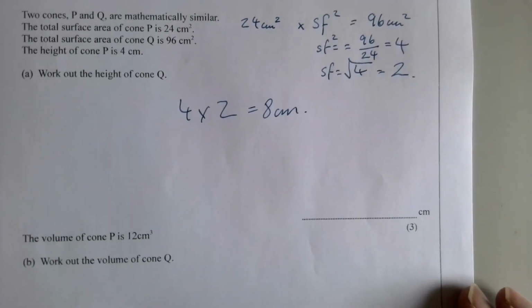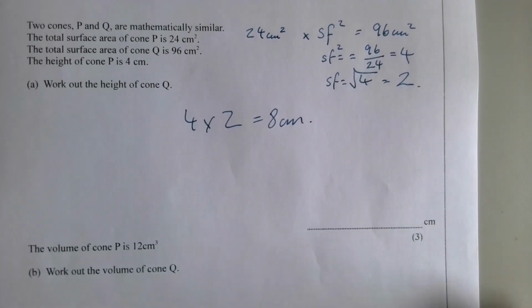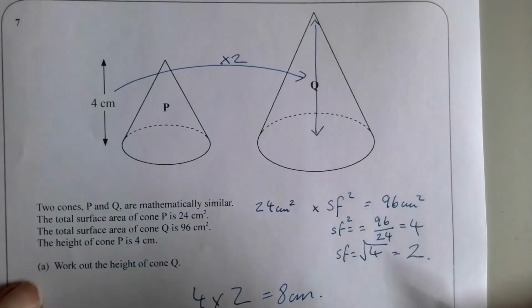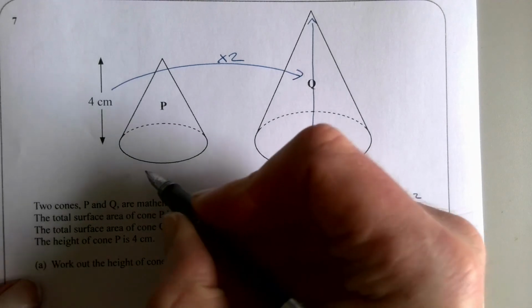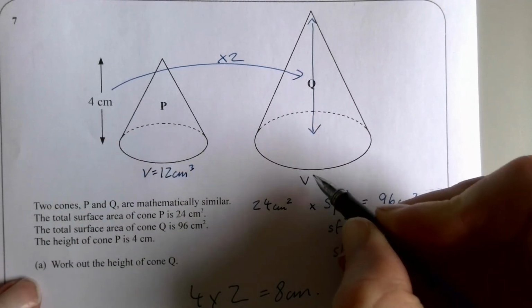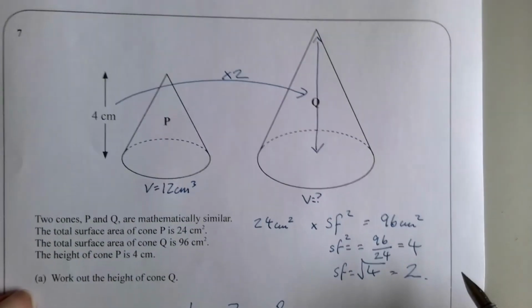The next part says the volume is 12 centimeters cubed. Work out the volume of the cone. So I'm just going to write up here of cone Q. So volume equals 12 centimeters cubed, and I'm trying to work this out. So pause it and give it a go.